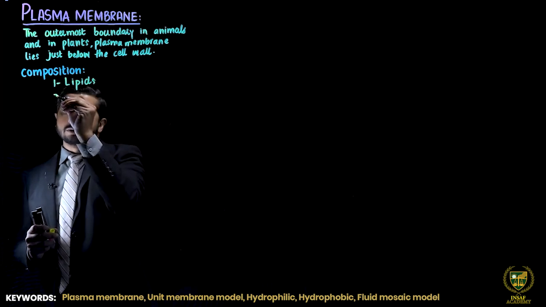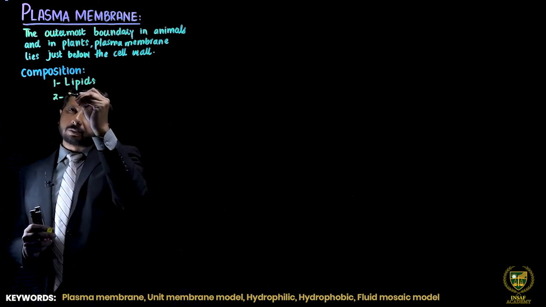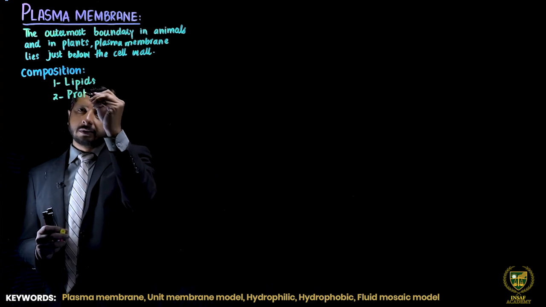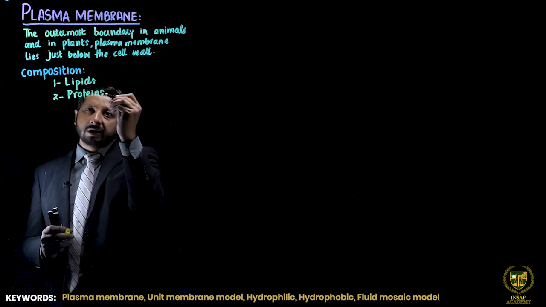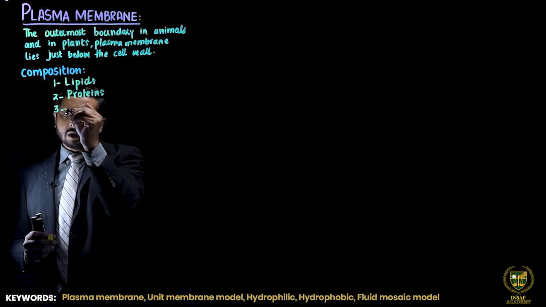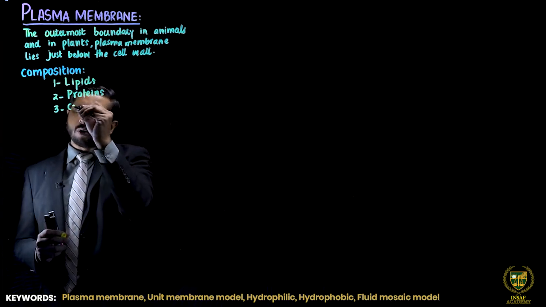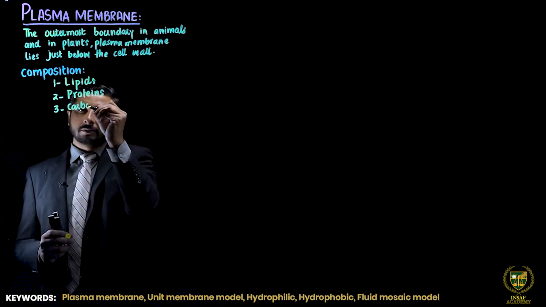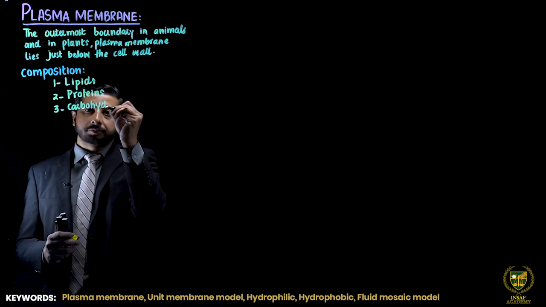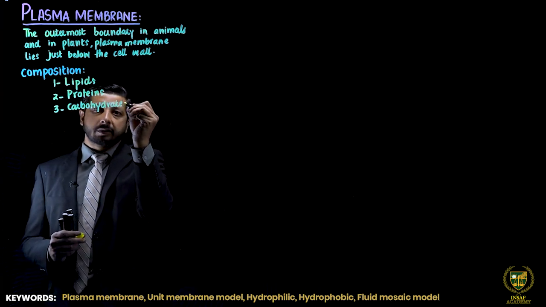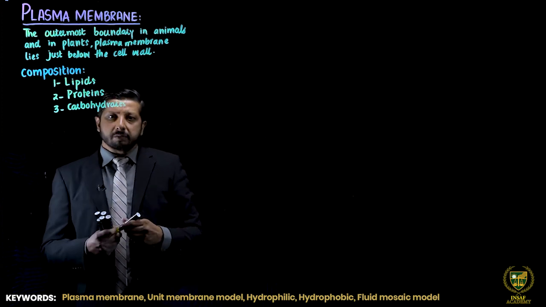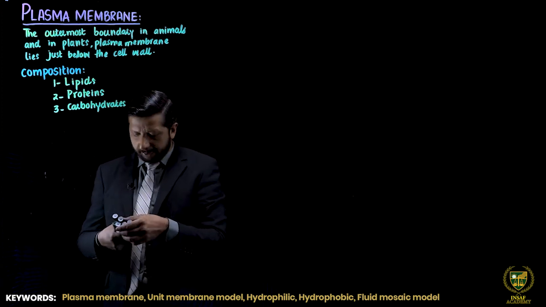Number 2 are the proteins. And number 3, a little bit of carbohydrates. Clear? So these are the 3 major components of the plasma membrane.